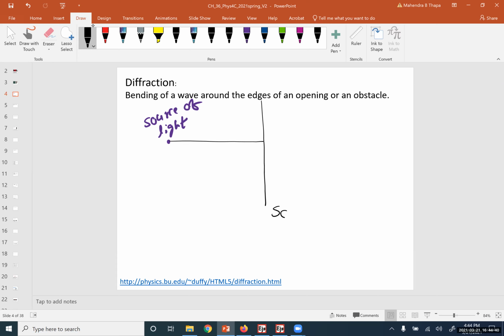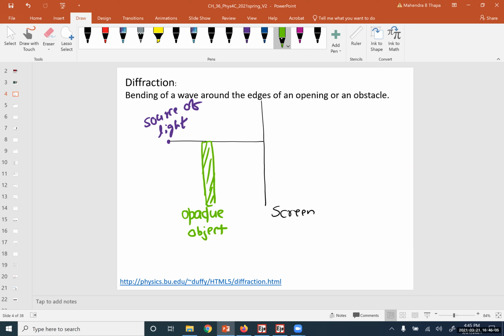Say I put an obstacle at that point. We can say this is an opaque object.